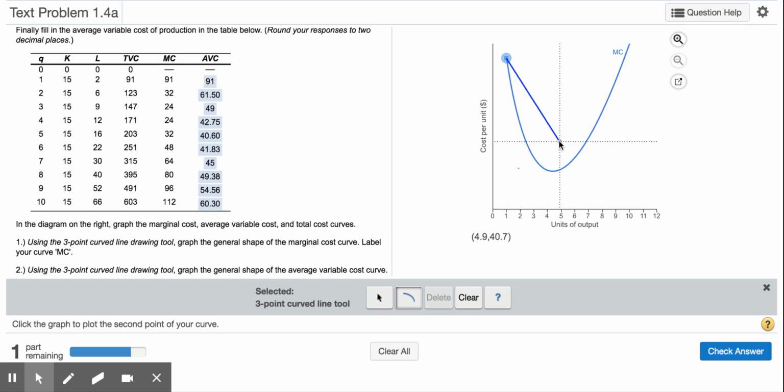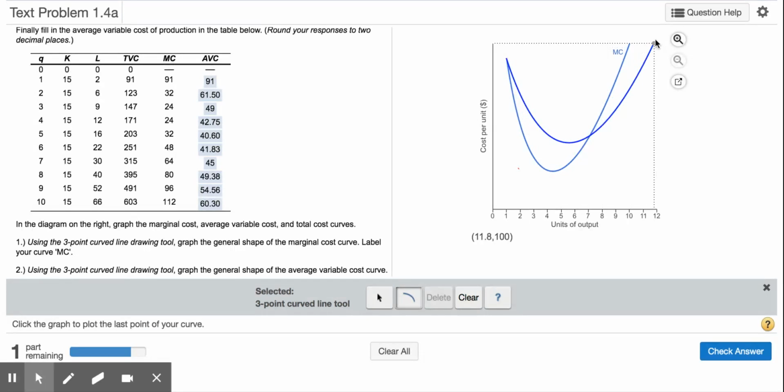So 5 right here. I don't have 40.6 in here, but 40.7, so I will use this one, which is a good approximation.